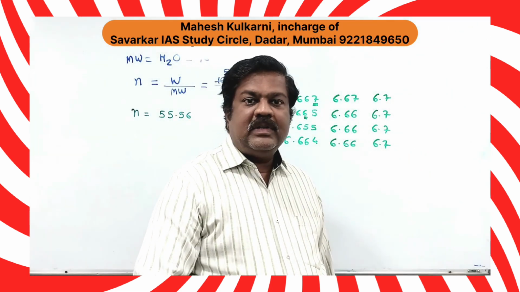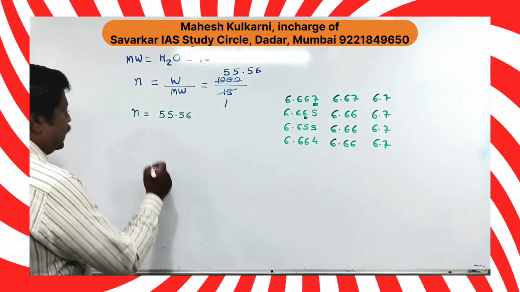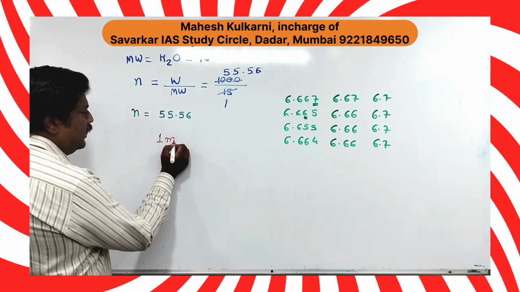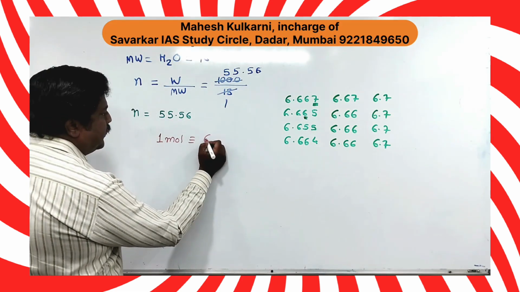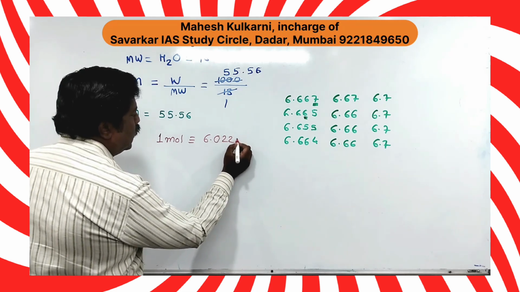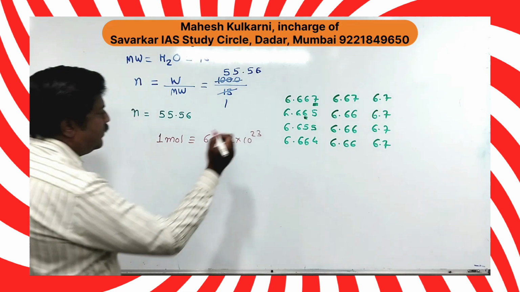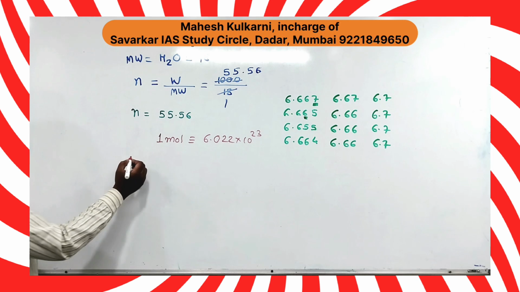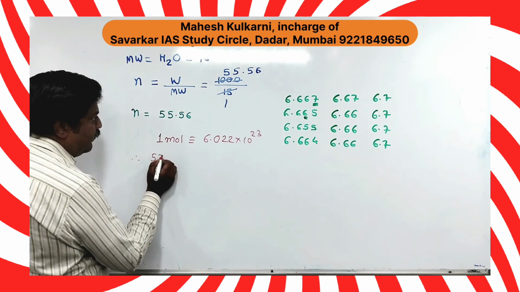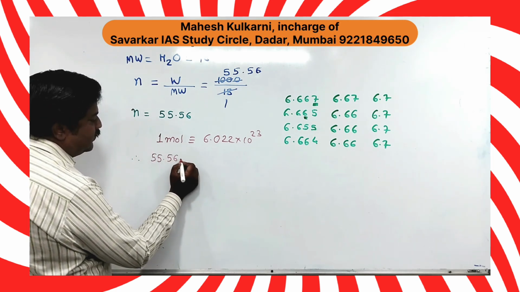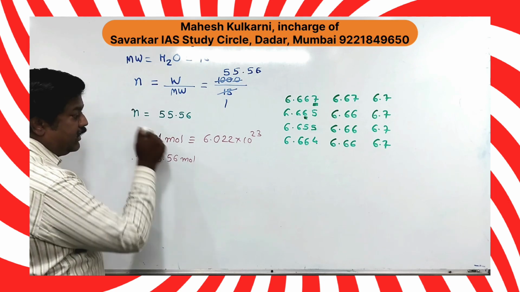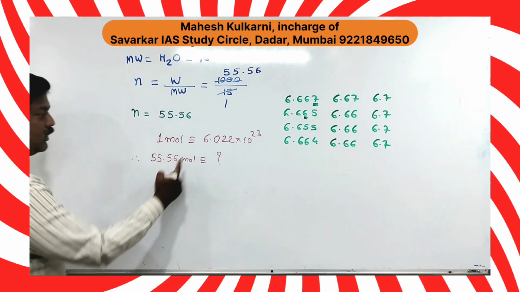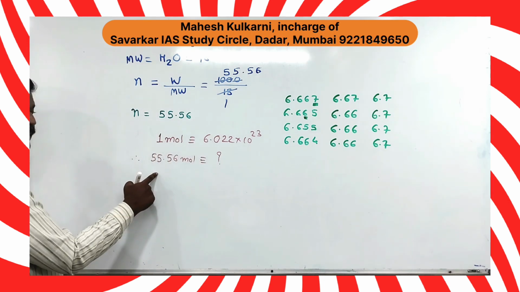Now, what is the solution? 1 mole of any substance corresponds to 6.022 into 10 raised to 23 number of molecules. Therefore, 55.56 moles, because we have calculated the number of moles, corresponds to what? Then this divided by this multiplied by this.